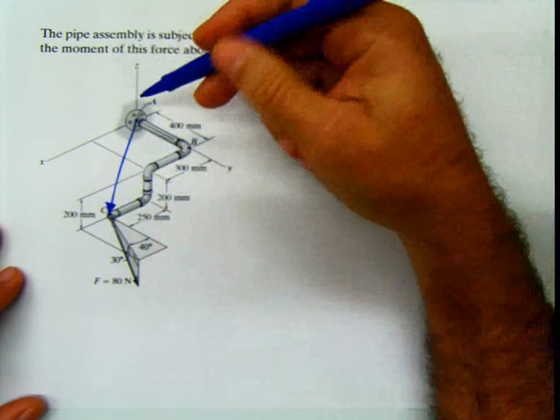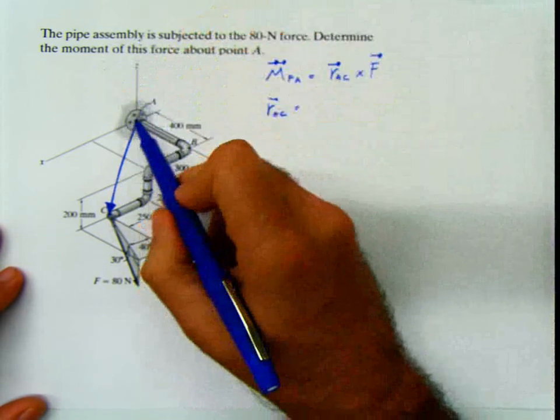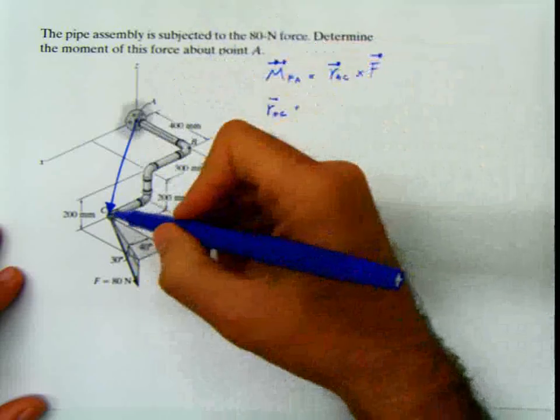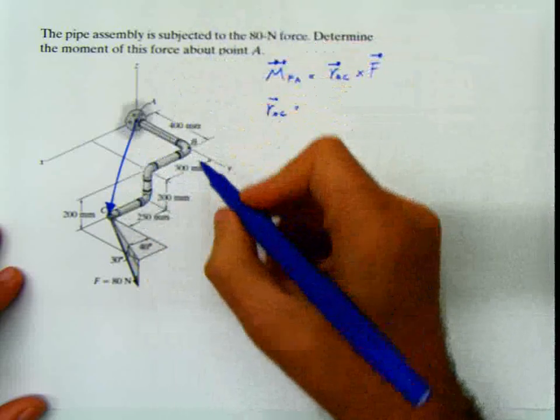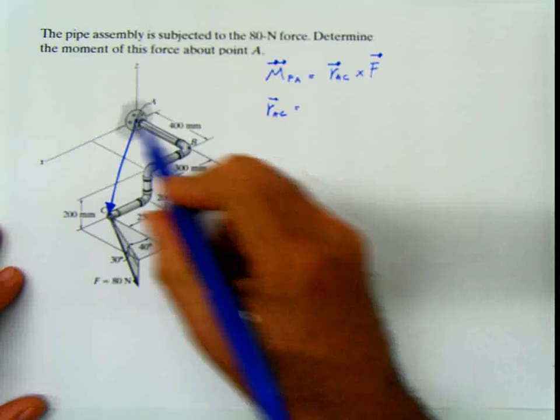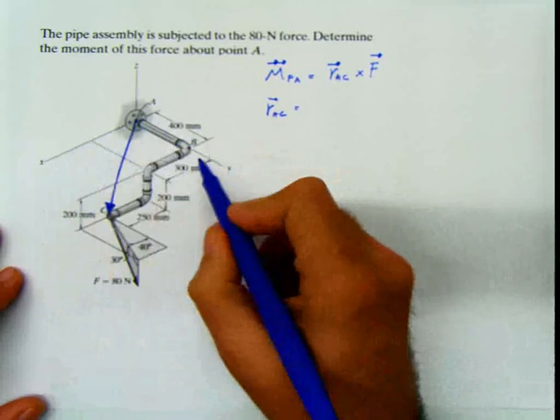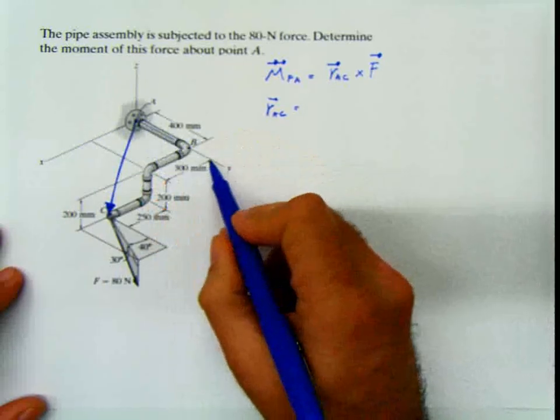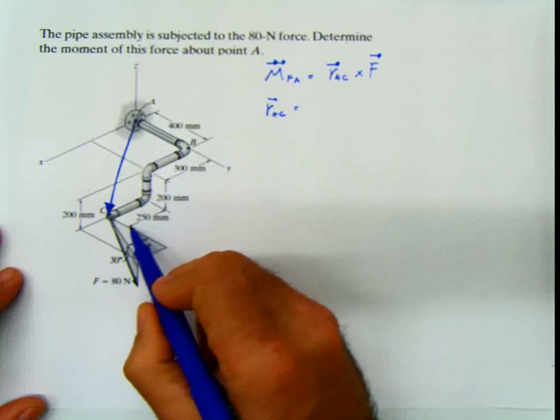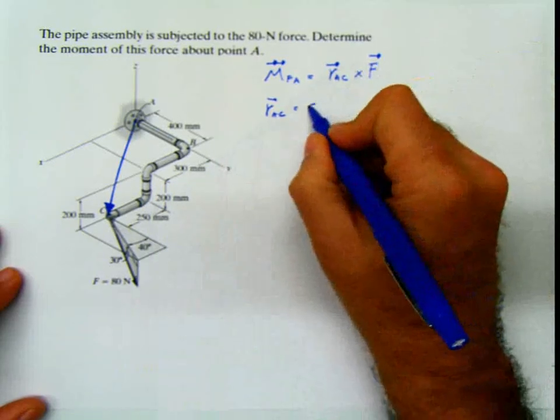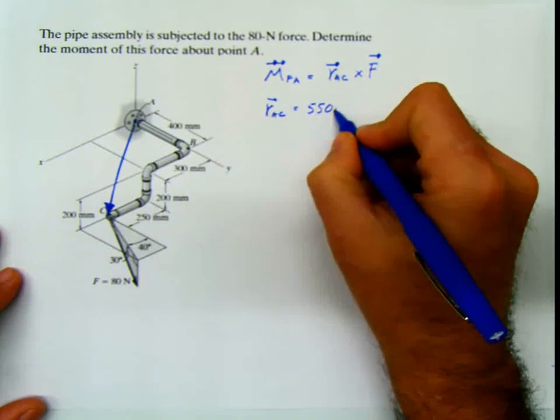Well, let's check this out. From this, you can calculate coordinates if you want to, but you can also write the vector. What I have here in X, which is this axis, from this point A, is 300 plus 250, which is 550 millimeters.